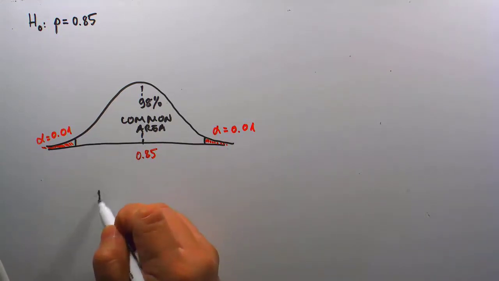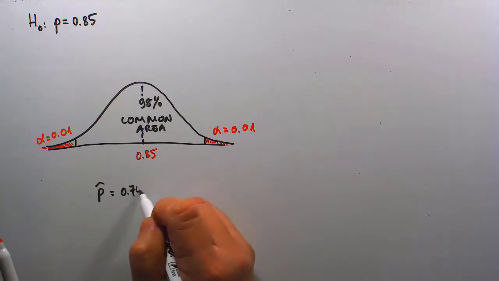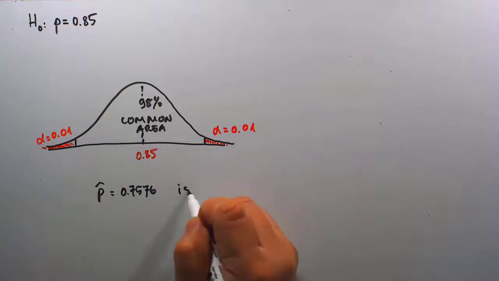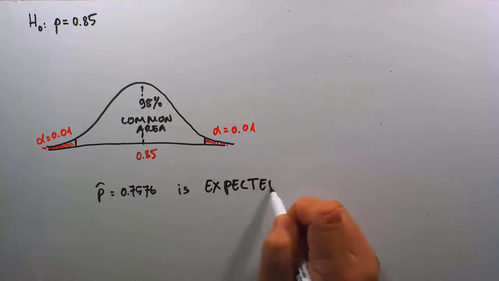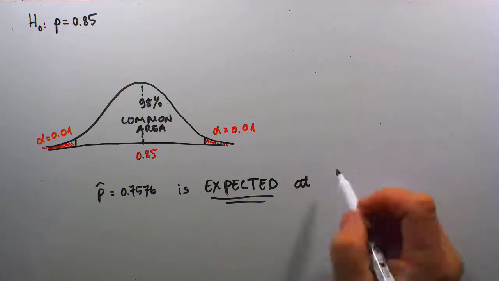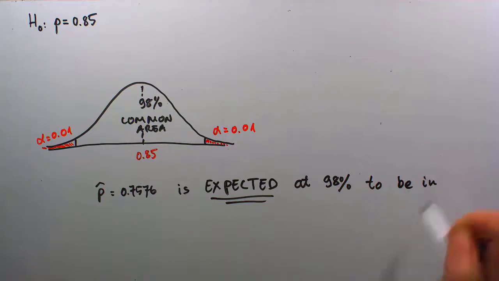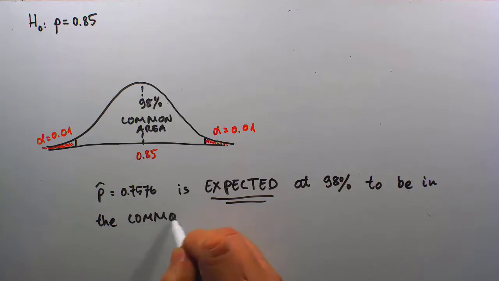And so our sample being 0.7576, once the claim was made, then any sample, including our sample here, at the moment it is picked up, is expected at 98% to be in the common area, or to be among the common values.